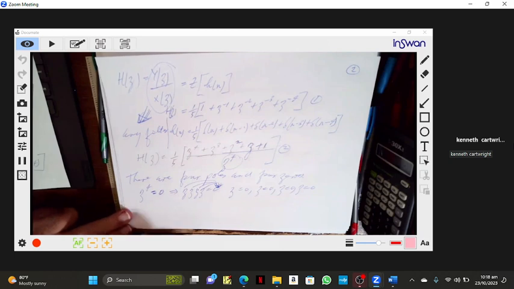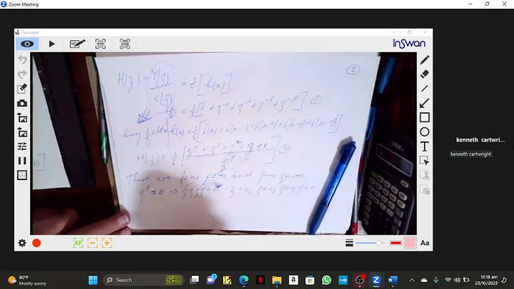What are the roots of the numerator? How are you going to find the roots of the numerator?